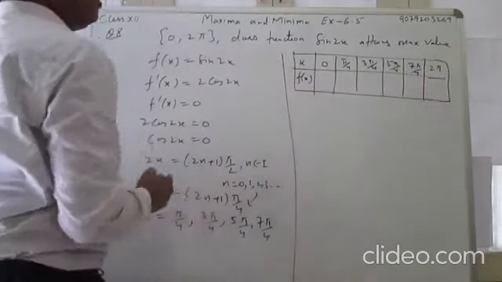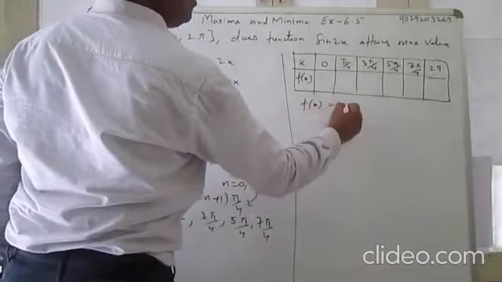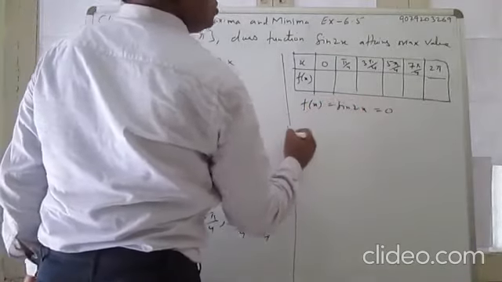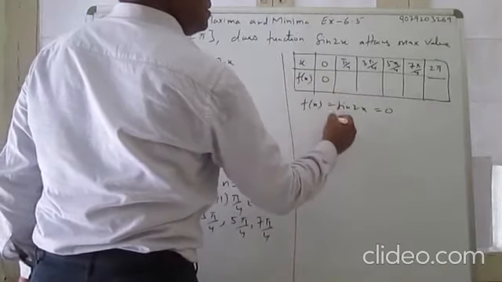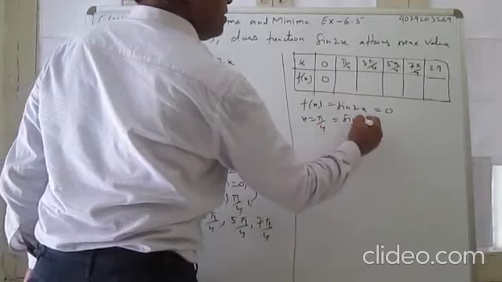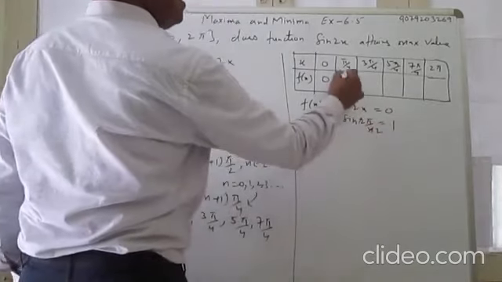Now find the values if f(x) is equal to sin 2x. If I take x is equal to 0, sin 0 is 0. If I take x is equal to pi by 4, sin of 2 into pi by 4 becomes sin pi by 2, which is 1.